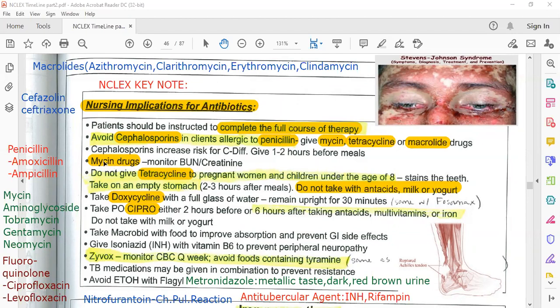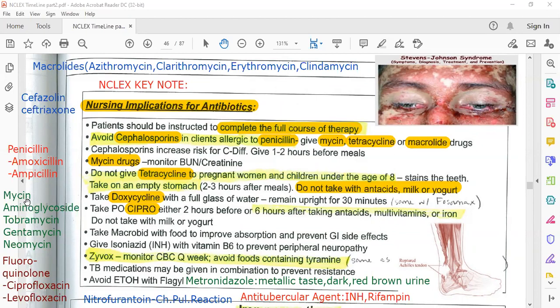Again, I want to recap it. The aminoglycoside or mycin group can cause ototoxicity, an effect on hearing, where the patient complains of ringing inside the ear or dizziness, and can cause kidney damage or nephrotoxicity.